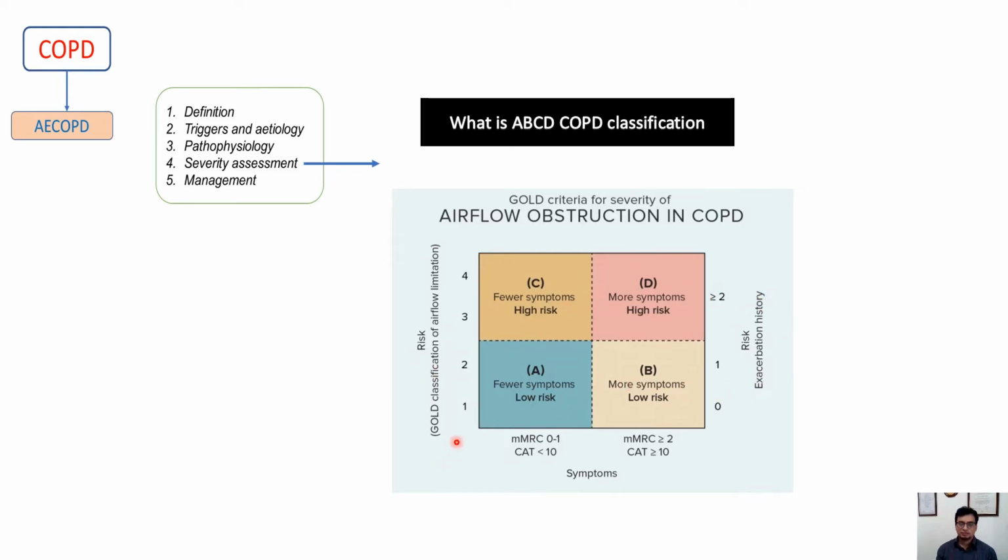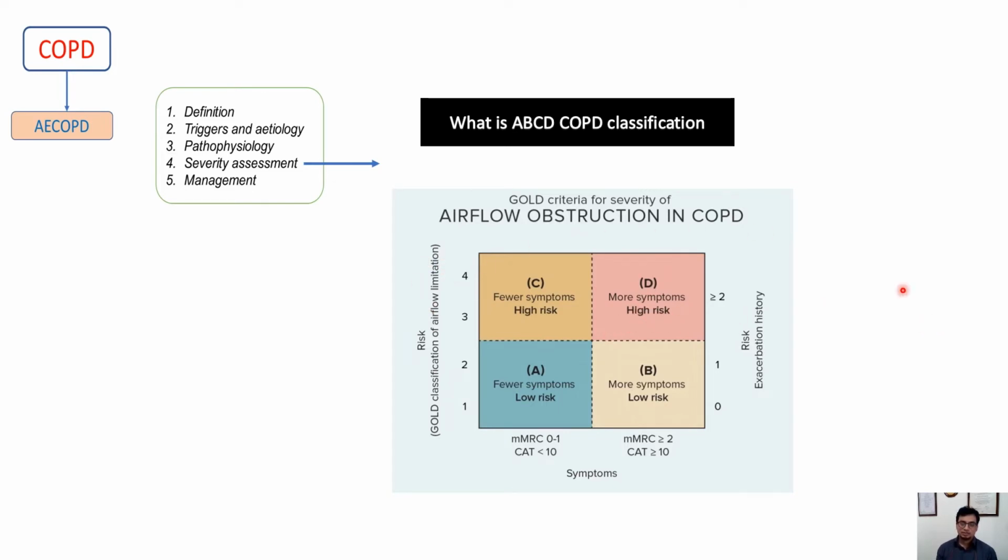So with these 3 major criteria, we can classify the patient into 4 groups. A means green, that means fewer symptoms. B means more symptoms. C, fewer symptoms with high risk, and D, which is the red, which is the worst, with the most symptoms with high risk.